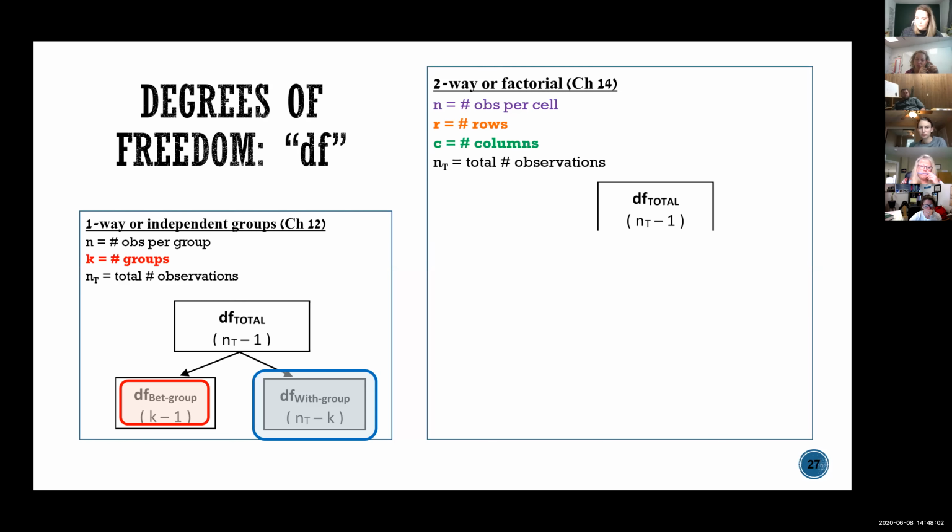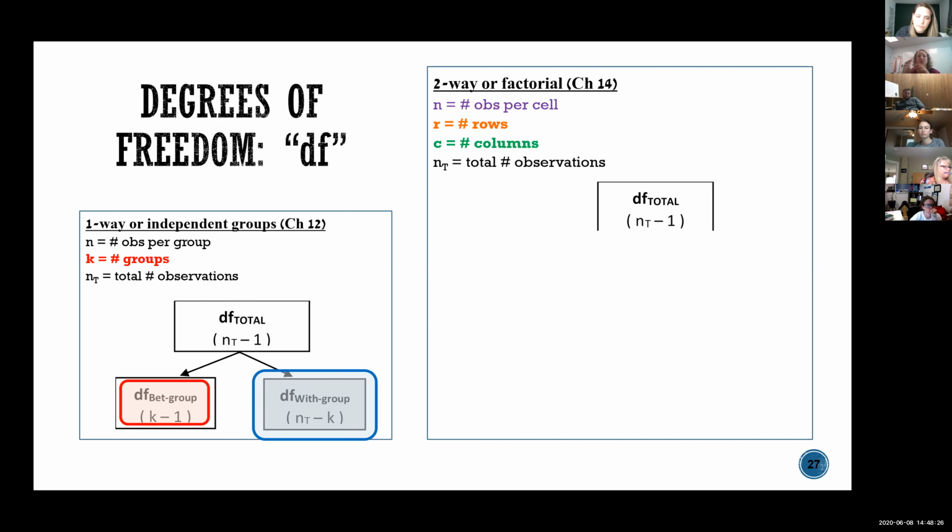We took total and divided it into between groups and within groups. The total degrees of freedom is total sample size minus 1. How many groups do we have? K. How many degrees of freedom for the grouping variable? K minus 1. And the within groups degrees of freedom is NT minus K.